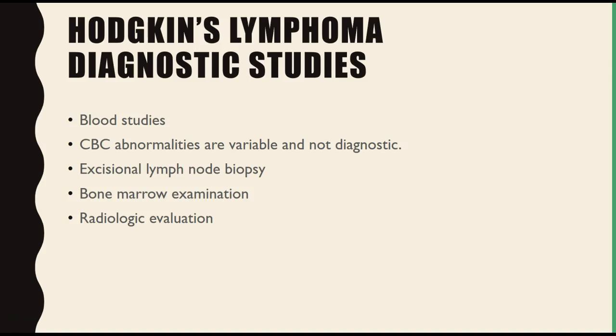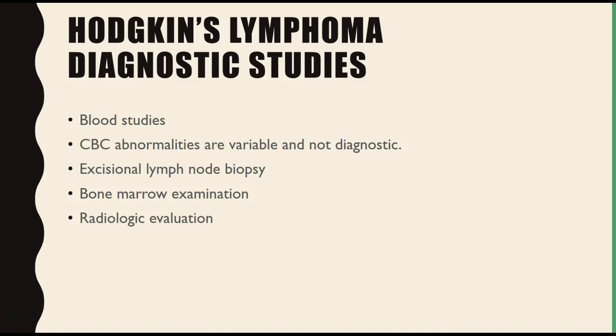So they will also do an excisional lymph node biopsy, which means that they are going to remove the lymph nodes and do a biopsy on that tissue. They're looking for those Reed-Sternberg cells again, and they're pretty obvious looking when they start looking at that tissue. They can see that pretty clearly. Bone marrow examination is also done to determine the degree of involvement, if there is an involvement into the bone marrow.